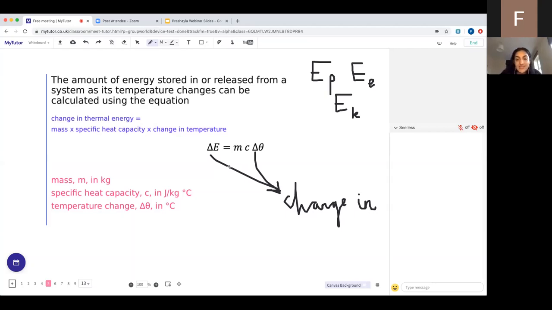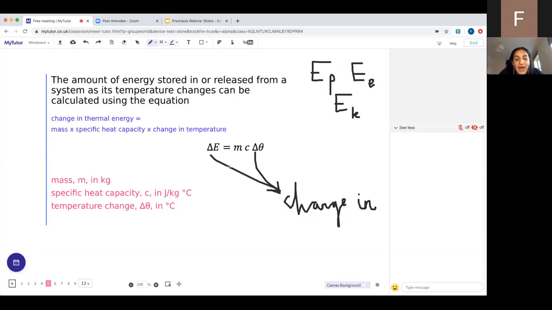C is this new value called the specific heat capacity. Okay, specific heat capacity. That's what C stands for. And it's measured in a more complicated unit, which is joules per kilogram Celsius. So that's the unit, and you may be asked that in the exam. So you do need to know that.